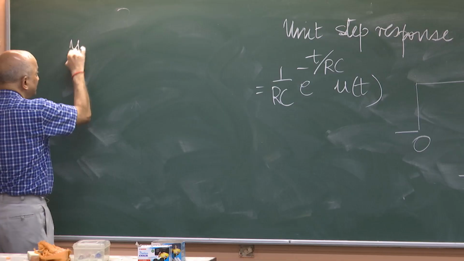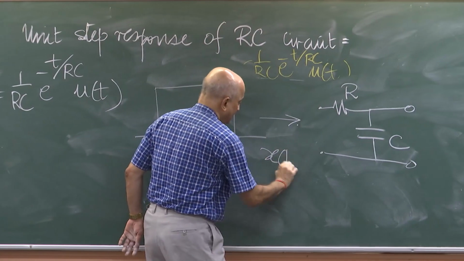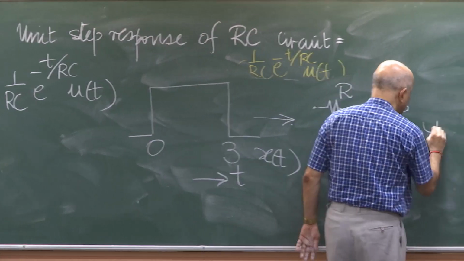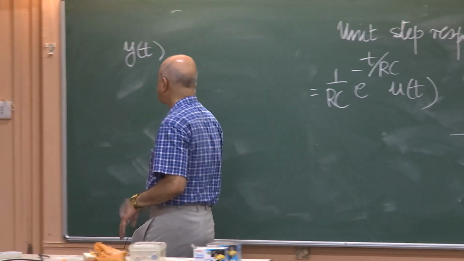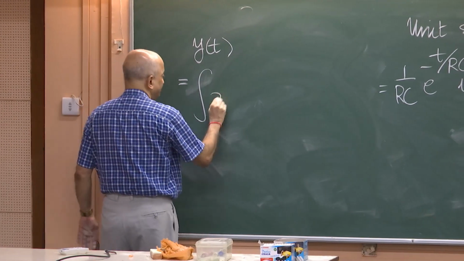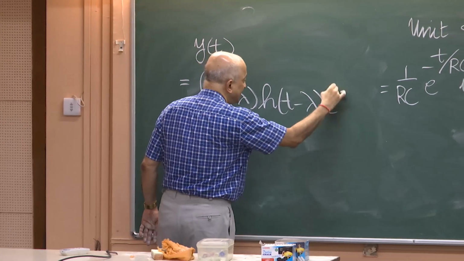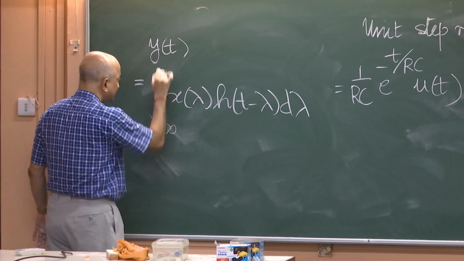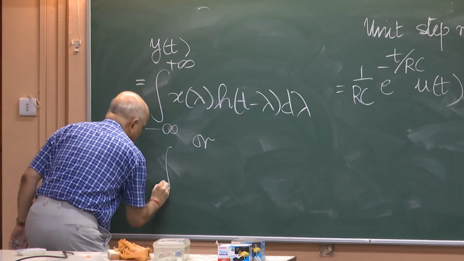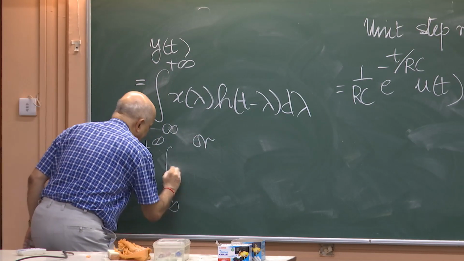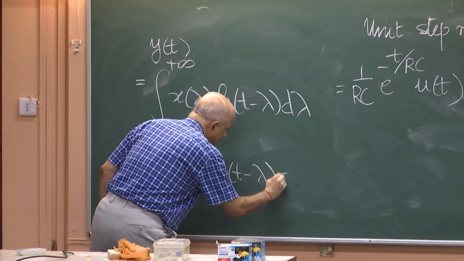If this is x(t), the input here, the output here, the voltage across the capacitor, would be either the integral of x(lambda) h(t minus lambda) d lambda, or the integral of h(lambda) x(t minus lambda) d lambda.